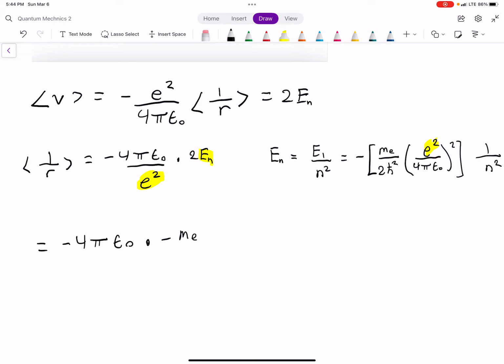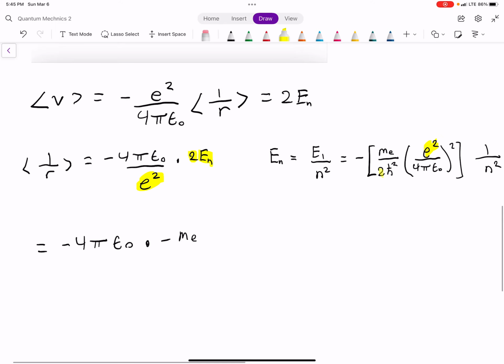Now this 2 and this 2, that's just 1, 2 over 2 is just 1, over that h bar squared. Like I said, that's e to the 4th, so now it's just going to be e squared because of the e squared in the denominator. 4 pi epsilon naught squared times 1 over n squared.